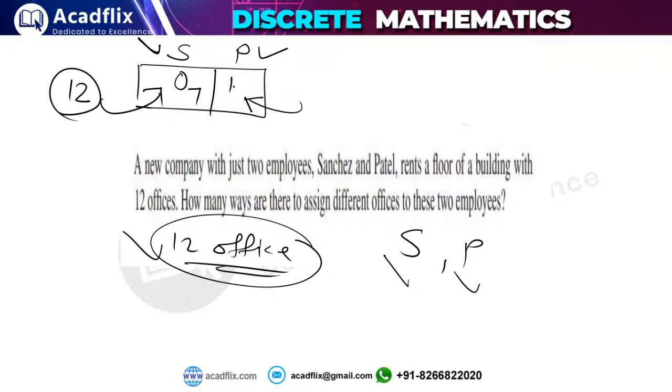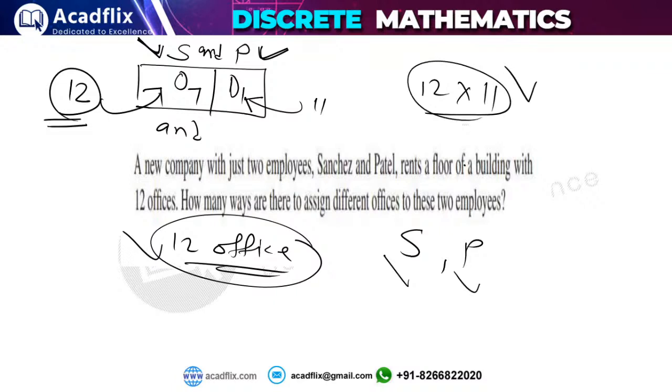There are 11 ways. For example, maybe you can assign office 1. So in total, you need to assign one office to S and one office to P, so the answer will be 12 into 11.